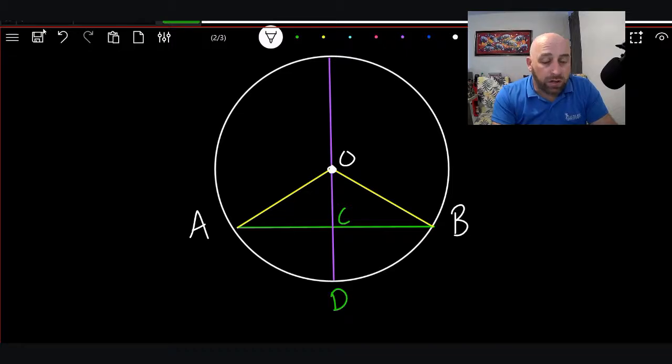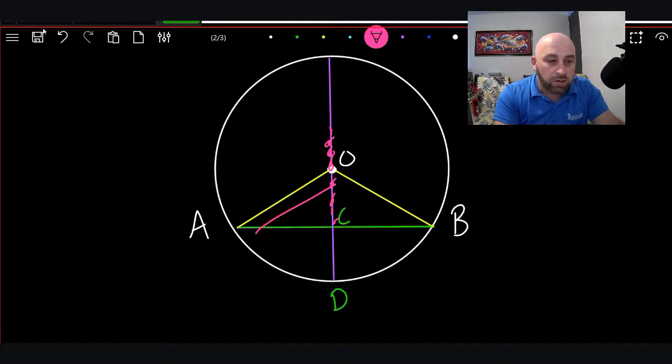How do we know that? Because when we bisected that with a perpendicular, every one of these points, remember this is something that we learned in the locus lesson, is equidistant from the outer points, from A and B. So no matter where we are on this, we're always going to have an isosceles triangle, going from the center point O. AO is going to equal BO every time.